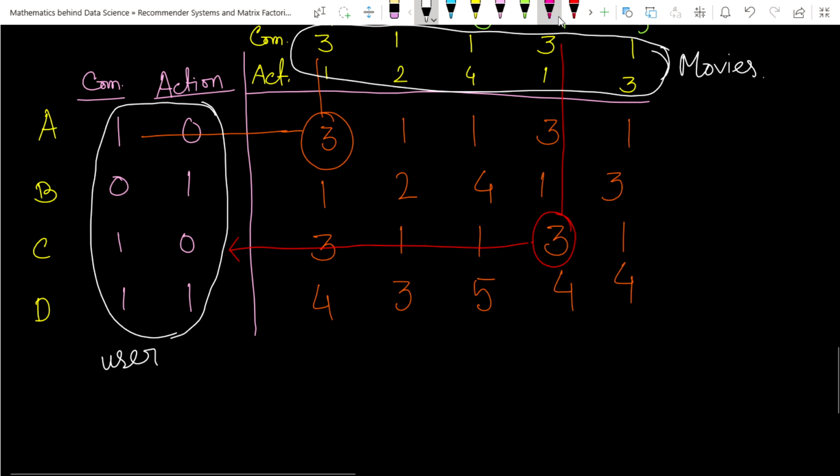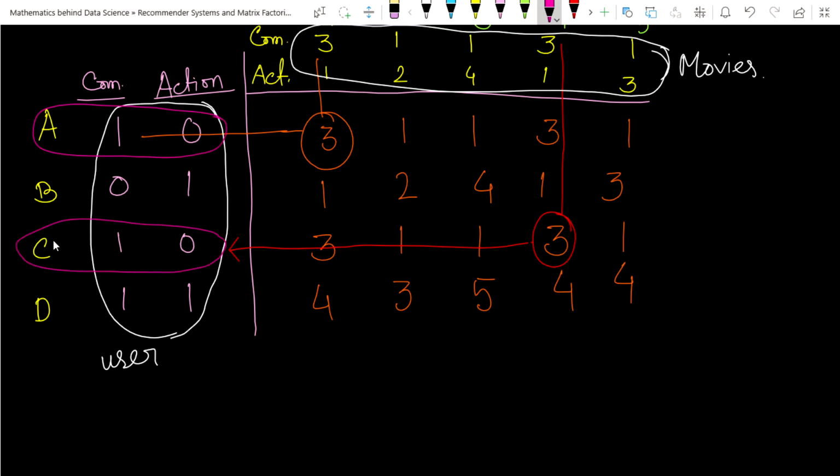One thing you can analyze from here is that we have seen the choices of A and C are equal. And now the rating, it's magic: they have the same rating also.